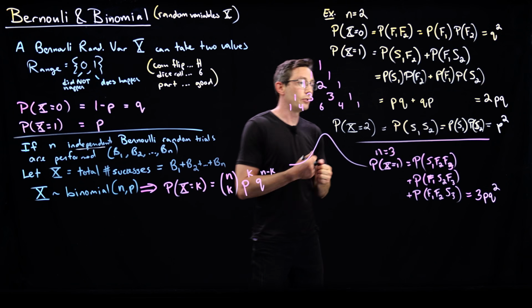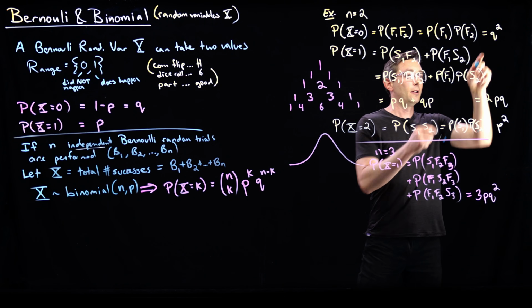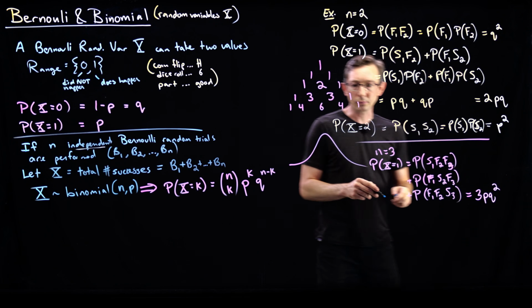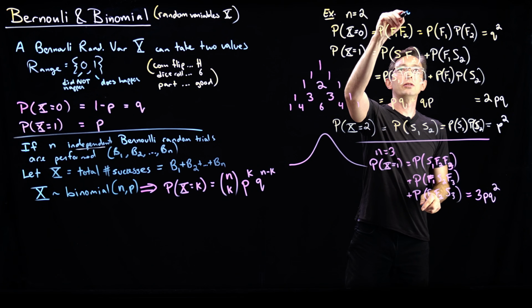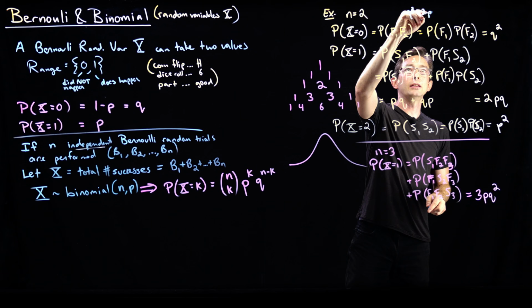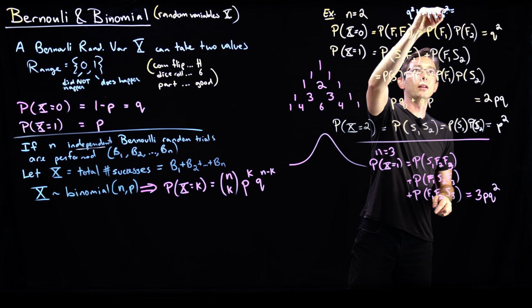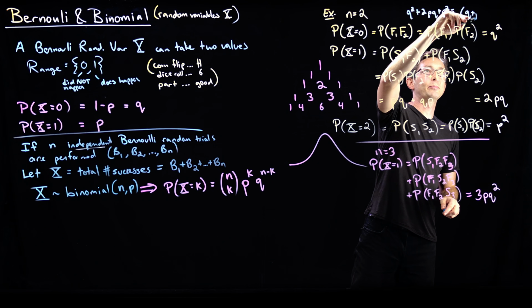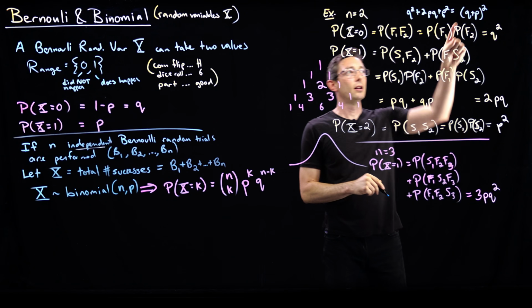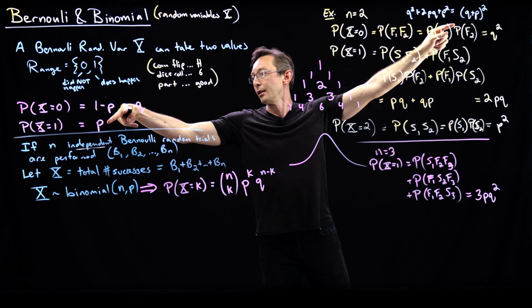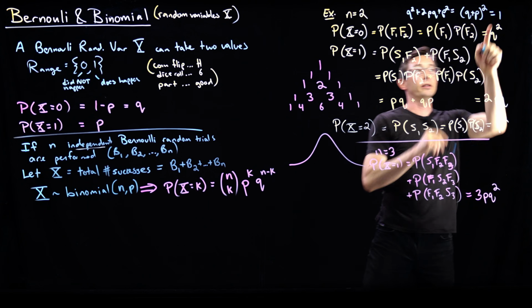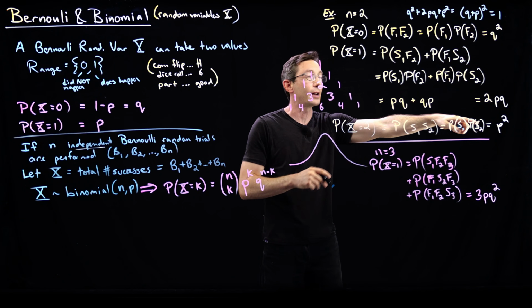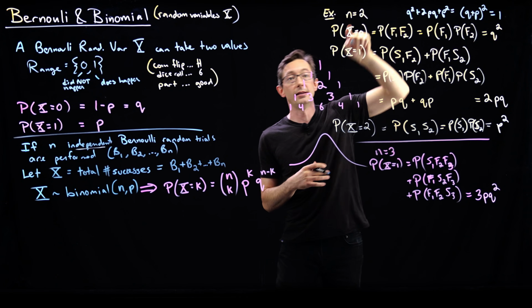Now, the way I would do this is I would essentially say, well, q squared plus 2pq plus p squared is equal to q plus p quantity squared, and q plus p adds up to 1. Q plus p is 1. This is just 1 squared. So the total probability adds up to 1 in this case.